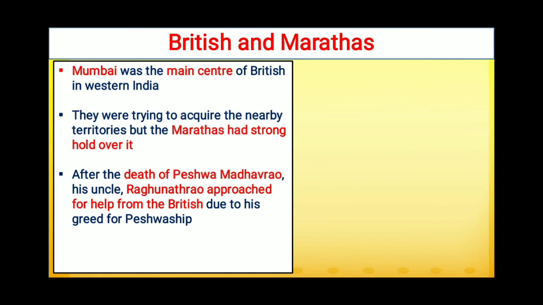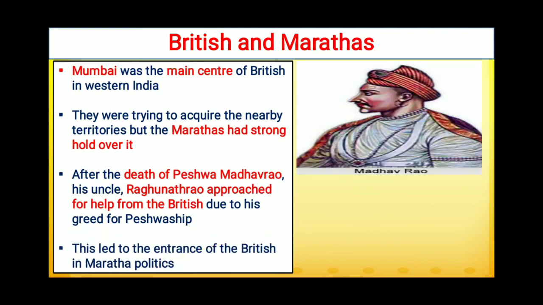After the death of Peshwa Madhav Rao, his uncle Raghunath Rao approached the British for help due to his greed for Peshwaship.